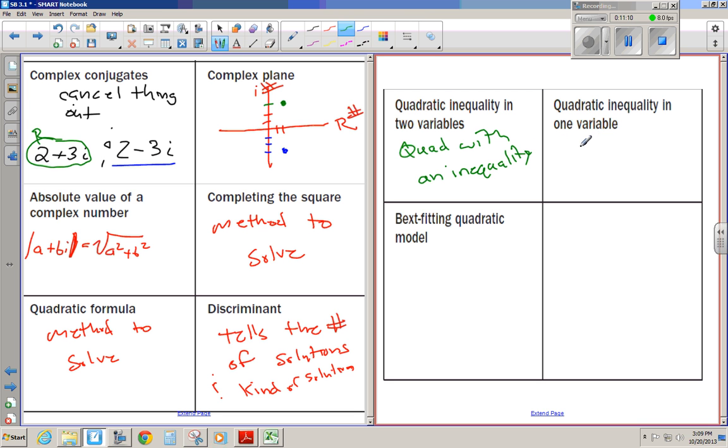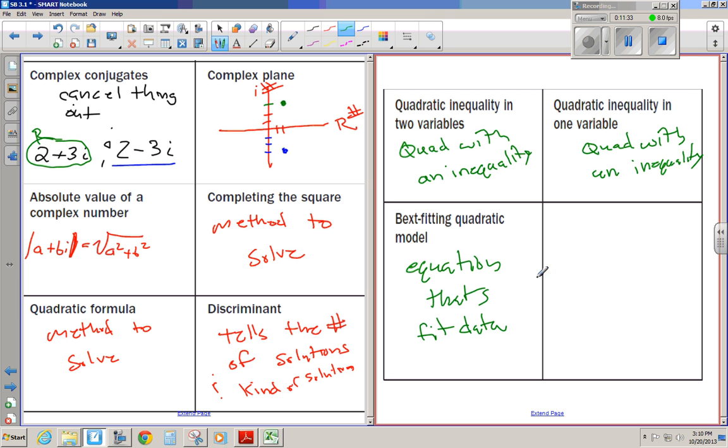In one variable, it's a quad with an inequality. And the best fitting quadratic model is an equation that fits some data. Okay, there's an equation that fits some data, and you go from there.